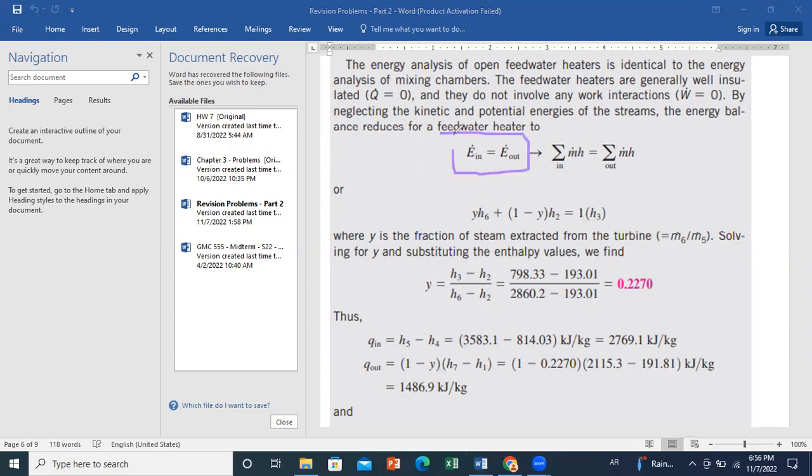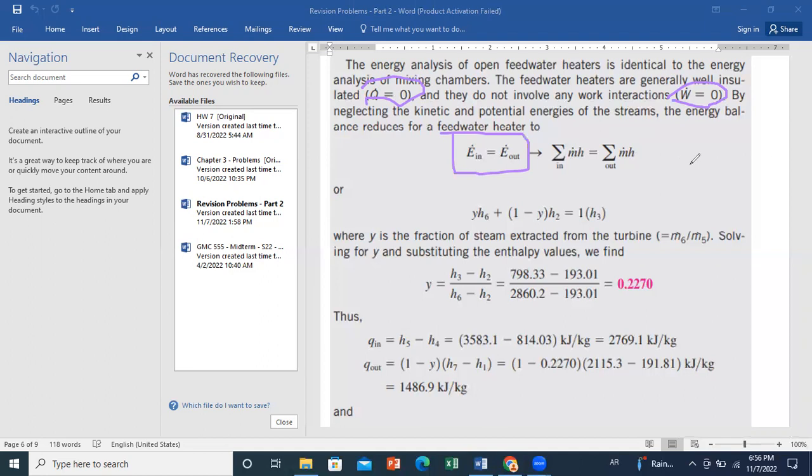Because it's isolated from the surroundings, well insulated, we can consider that Q dot is 0. Because it doesn't involve any work interactions with the surroundings, W dot is 0. So we can write that the summation of energy flows getting in equals the summation of energy flows getting out.